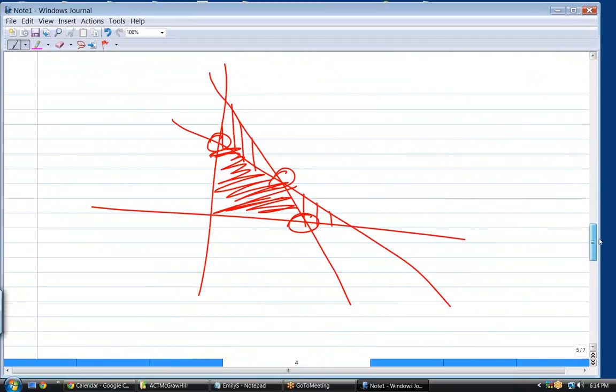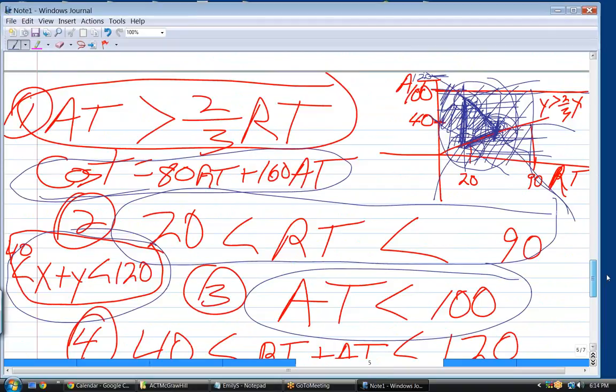Now, I assumed that what we had here was a triangle. It may not be a triangle. This final shape that we end up with here may be a quadrilateral. And if it's a quadrilateral, then you have to figure out all four vertexes of that quadrilateral and test each one to see which one gives you a minimum cost.